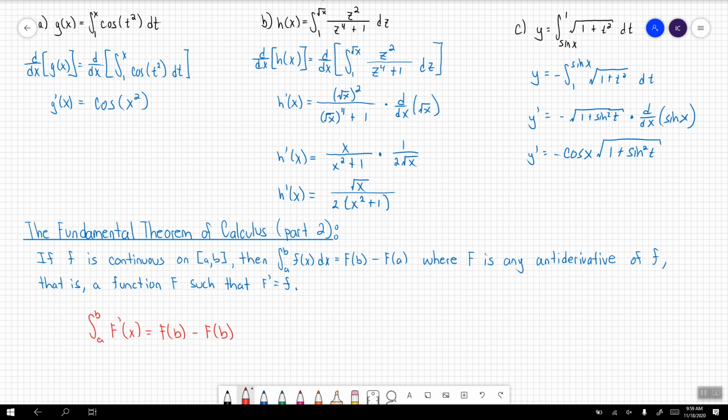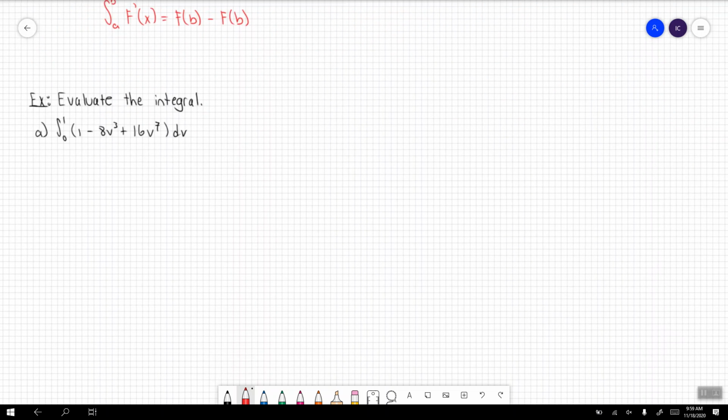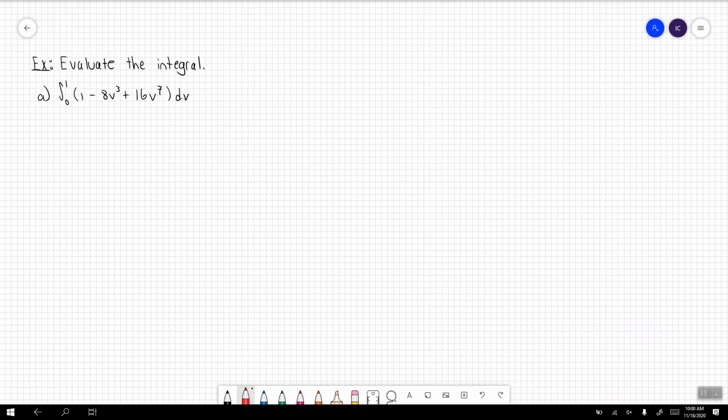That's what the fundamental theorem of calculus tells us. But again, it's broken down into two different parts, part 1 and part 2. But now we want to roll all this into one to start doing these examples.